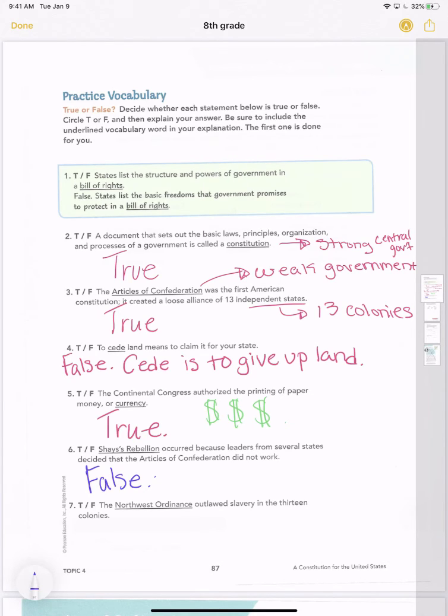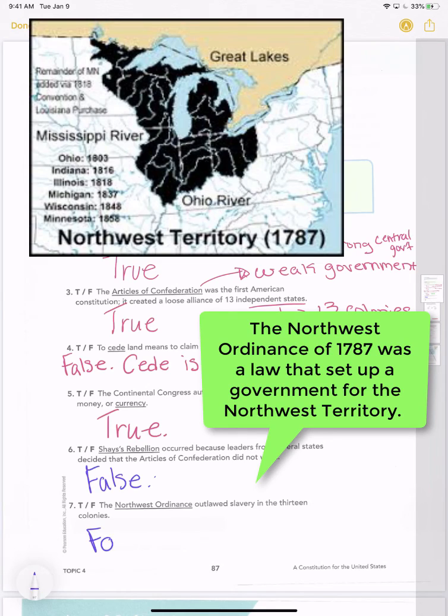Lastly, number 7, true or false, the Northwest Ordinance outlawed slavery in the 13 colonies. That is actually false. The Northwest Ordinance of 1787 was a law that set up a government for the Northwest Territory.